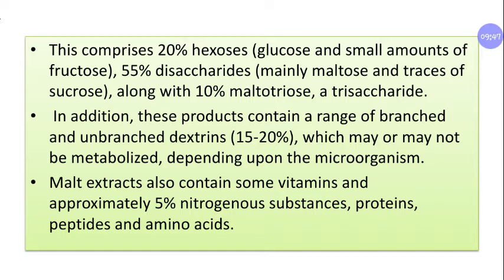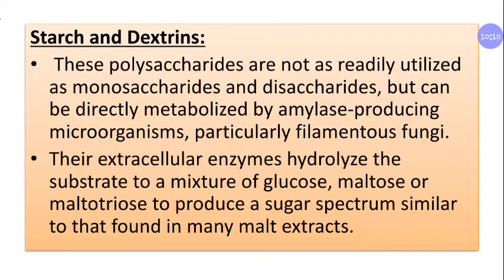In addition, these products contain a range of branched and unbranched dextrins, which are present at 15 to 20%, which may or may not be metabolized depending on the microbe used. Malt extracts can also contain some vitamins and approximately 5% nitrogenous substances: proteins, peptides, and amino acids. Next is starch and dextrins.